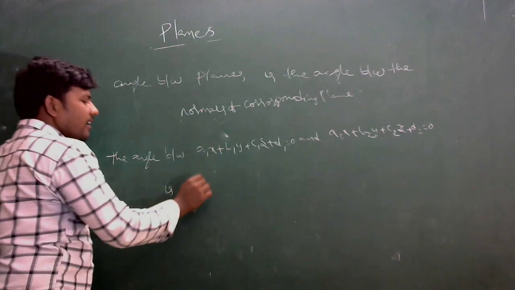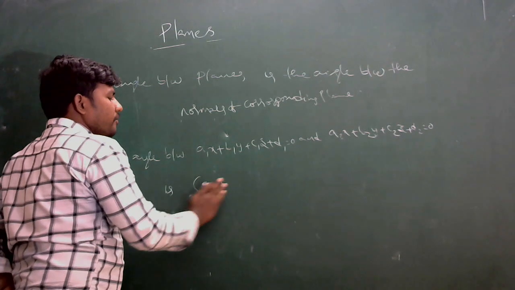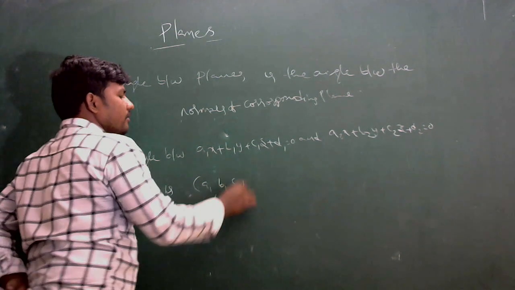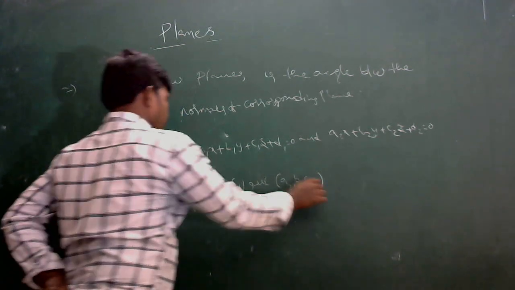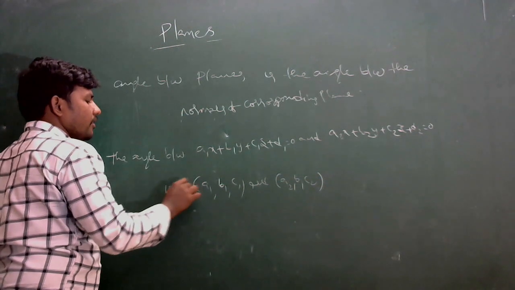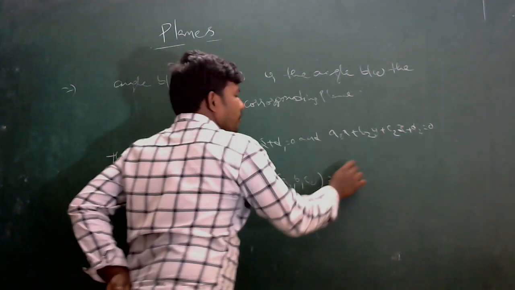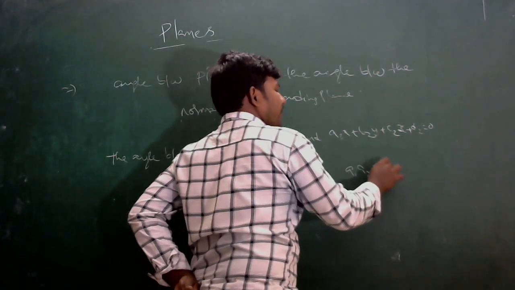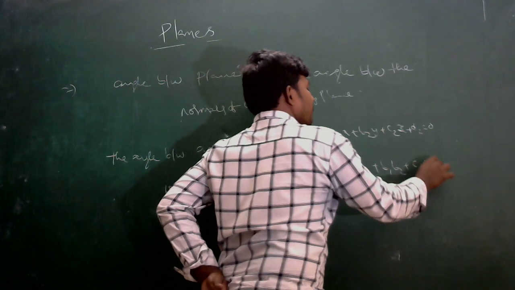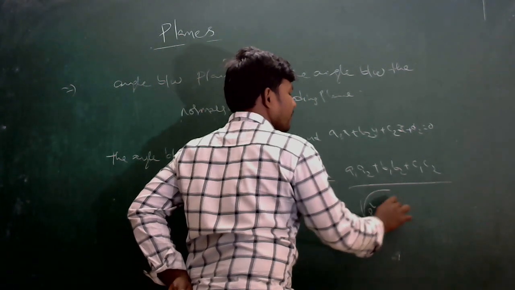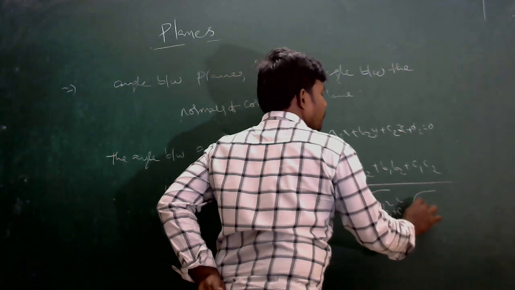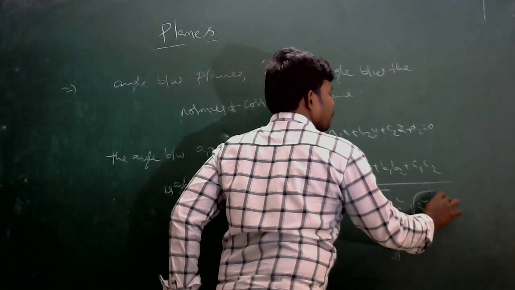Here the DRs are a1, b1, c1 and a2, b2, c2. That is equal to a1a2 plus b1b2 plus c1c2 by root of a1 square plus b1 square plus c1 square into root of a2 square plus b2 square plus c2 square.